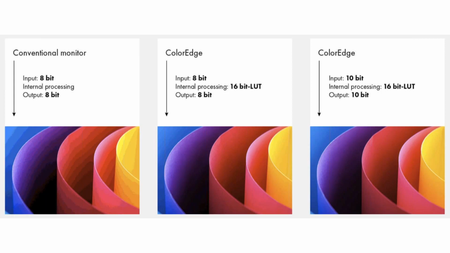Of course, most of you know 16-bit is not double 8-bit, it's much more, because double of 8-bit is 9-bit and 10-bit is double of 9-bit, and so internally we can calculate with billions of colors and not just with millions like it would be in the 8-bit mode.